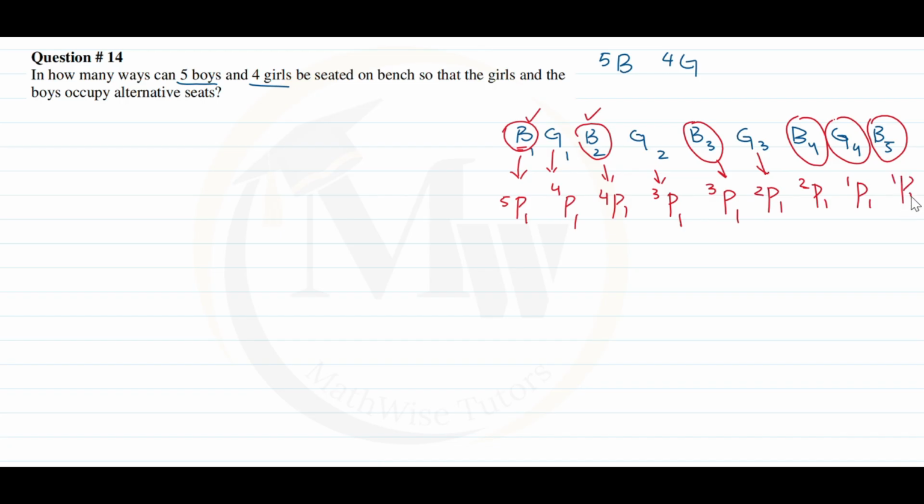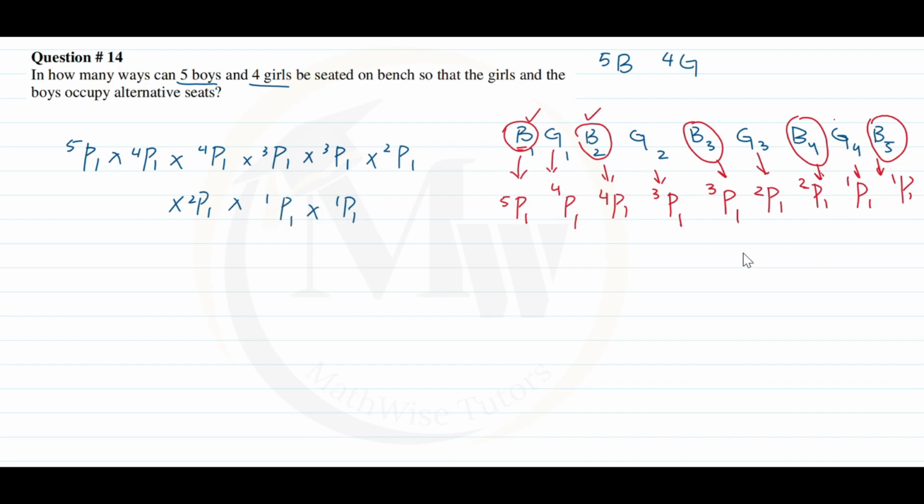So we will find all of this and multiply them together: 5P1 times 4P1 times 4P1 times 3P1 times 3P1 times 2P1 times 2P1 times 1P1 times 1P1.